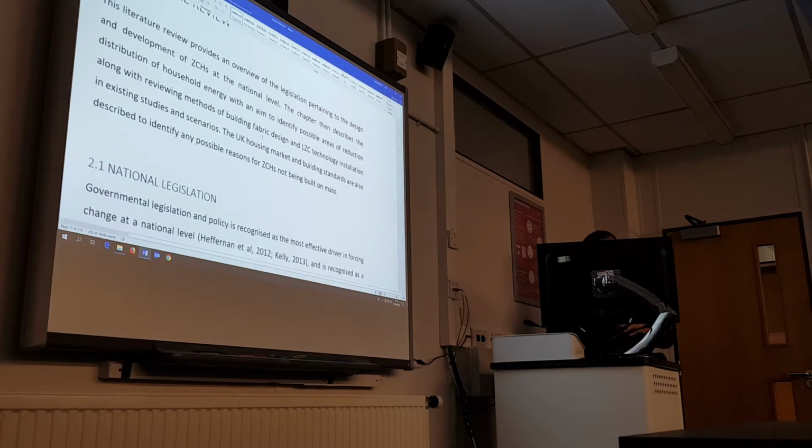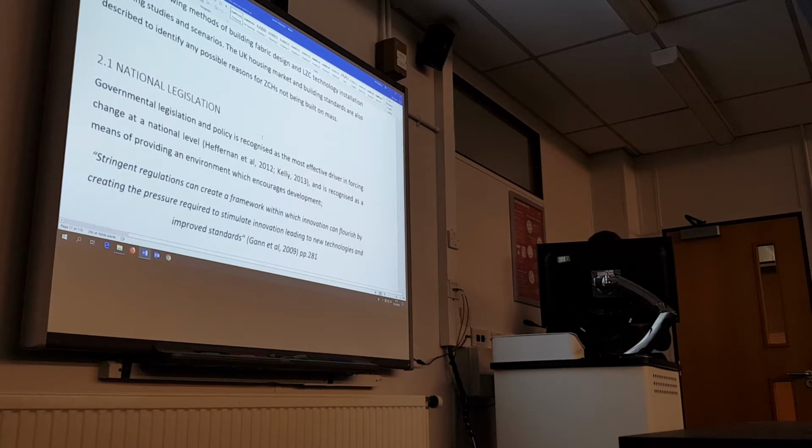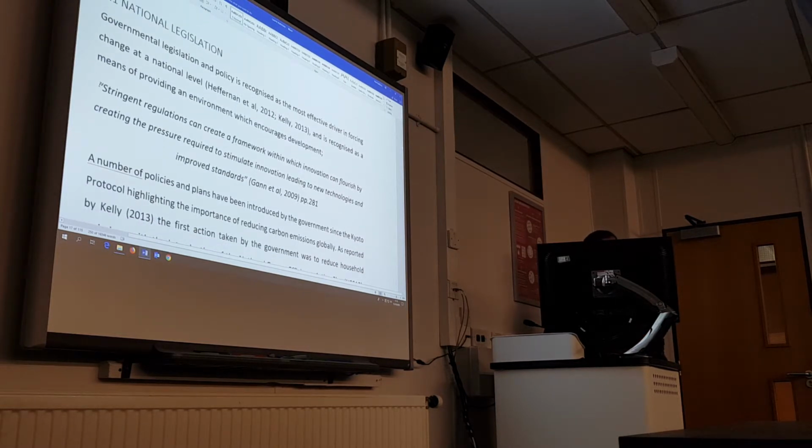Then literature review. Legislation, always a literature review. If there are any legislation, you need to include that. You can see the extract here, or the extract. You can see here the citation.